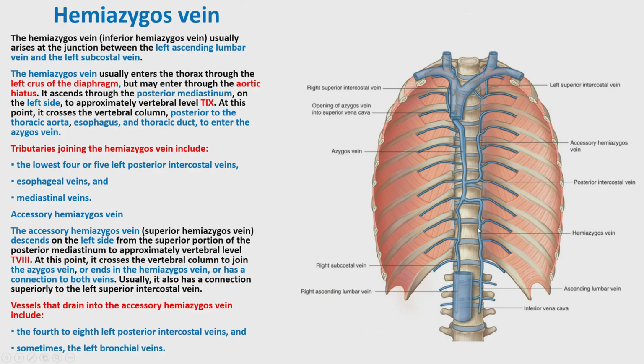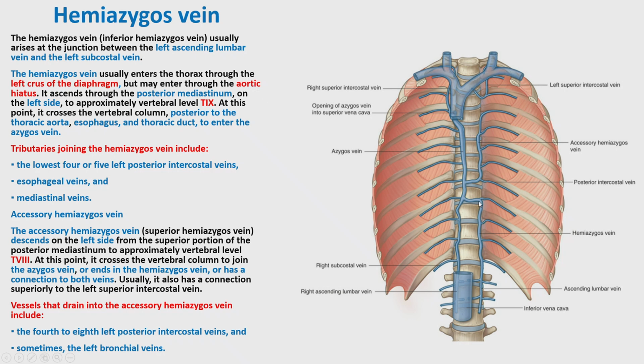The hemiazygos is similar to the azygos system, but on the left side. It is formed by the union of the left subcostal and left ascending lumbar veins, in the lower portion of the abdomen, and enters the thoracic cavity again through the left crus of the diaphragm, but again it might be through the aortic hiatus.